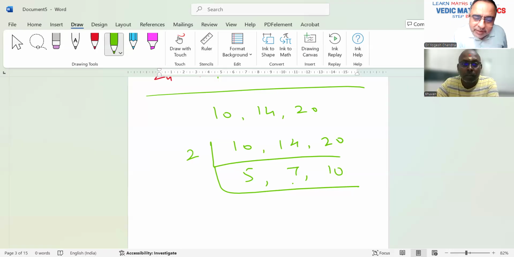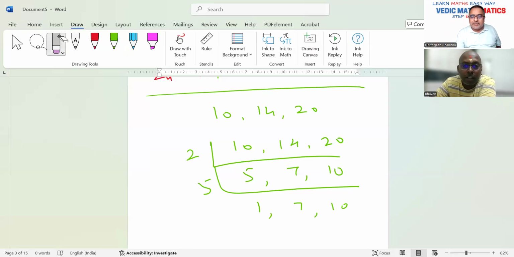So 5 twos are 10, no? Yes. 70, 140. 140 is my LCM. So you say 140 is your LCM and HCF is 2 or 10? 350. I said 2, sir.